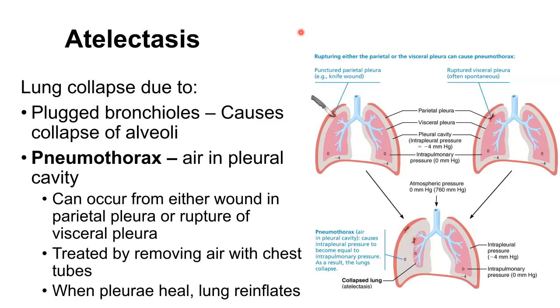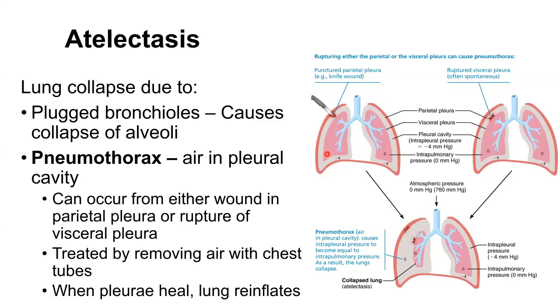Their bronchioles can become plugged. And then this other word, pneumothorax, is when air has actually breached the pleural cavity. This might occur from either a wound in the parietal pleura, or if the visceral pleura were to rupture.